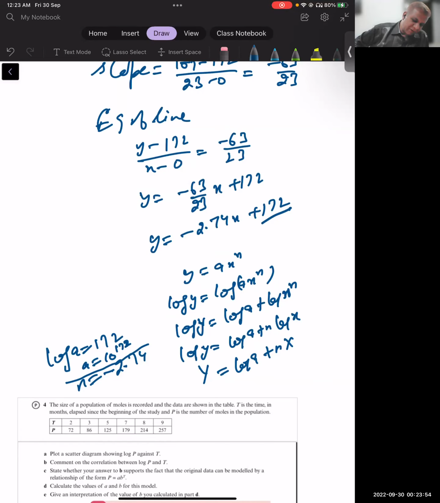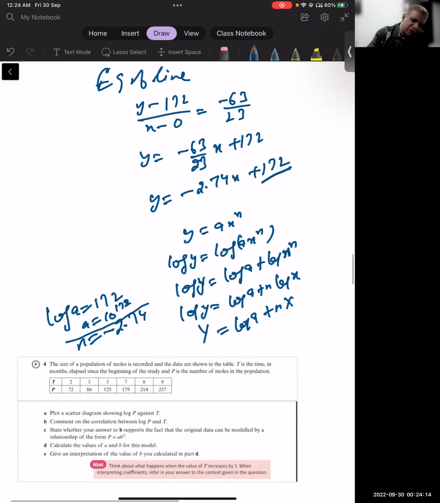Now the name is given, scatter diagram, in the next question. It says for question 3, A equals 1 times 10 to the power 172 and N equals minus 2.74. So the answer is correct.